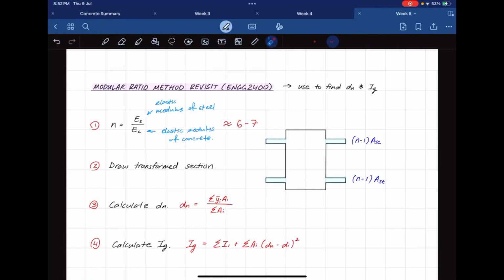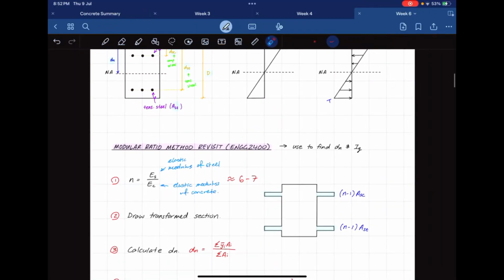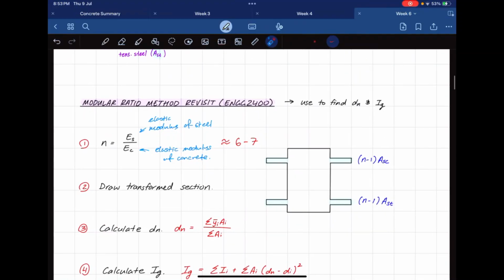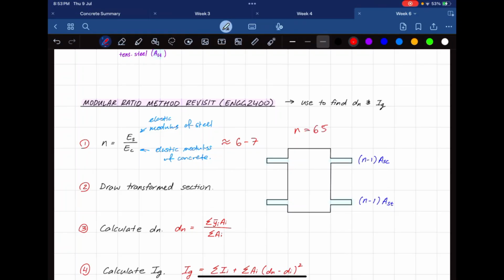But anyways, what I'm doing now is I find this value of n, and then to transform my steel into concrete, I multiply it by this factor, n minus 1. So I find n, let's say n I get to be 6.5, and therefore I just need 5.5 here, and that converts our area of steel into an equivalent amount of concrete.